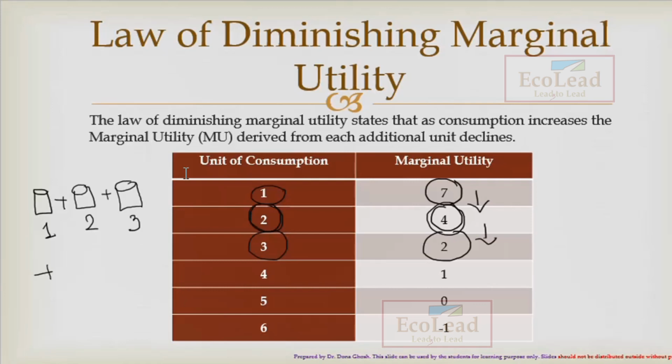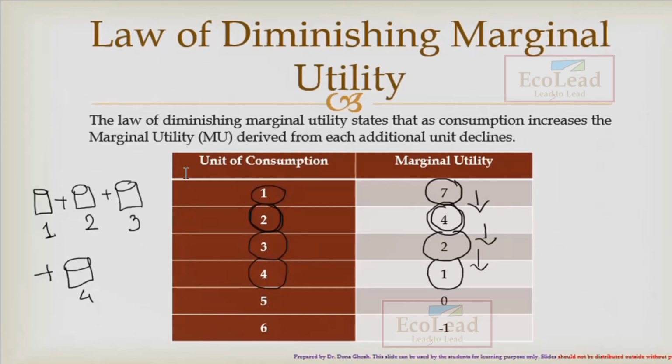Now you are not very thirsty, but a little thirst is there. So you again added one more glass of water, the 4th glass. So this is your 4th unit of consumption. Now the want that you can satisfy with the 4th glass is a very small amount, only 1 util. So the marginal utility has again gone down.